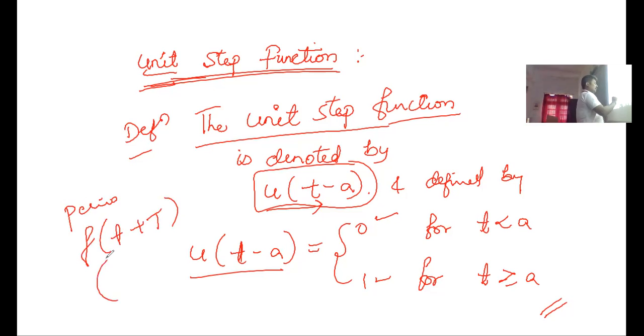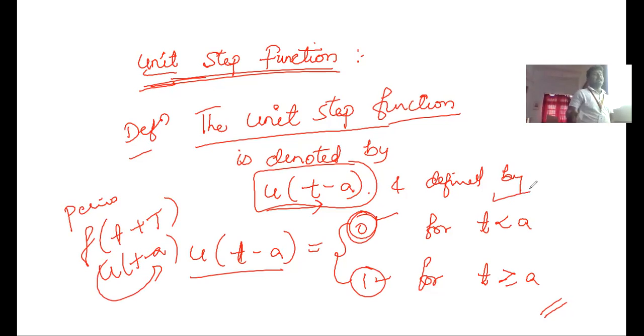Like this, we have a negative term, and that negative term we call the unit step function. In u of t minus a, we will get two values. The first one is 0 and the second one is 1: 0 when t is less than or equal to a, and 1 when t is greater than or equal to a.